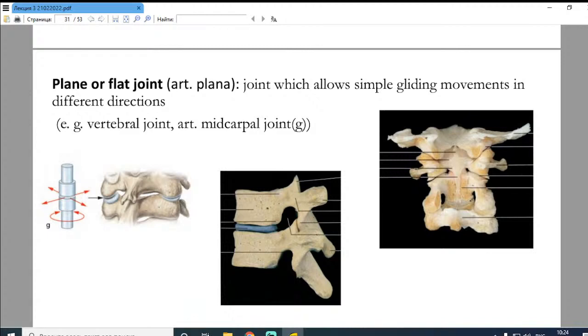Plane joint between the superior and inferior articulation of the atlas and axis vertebra.